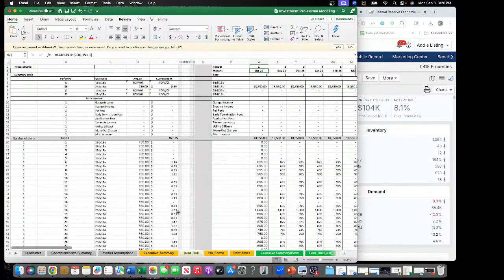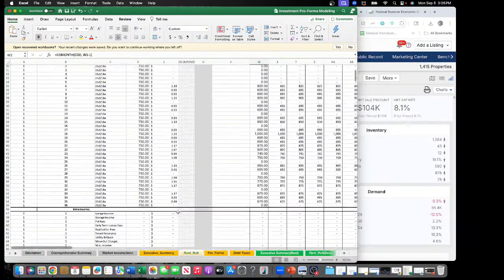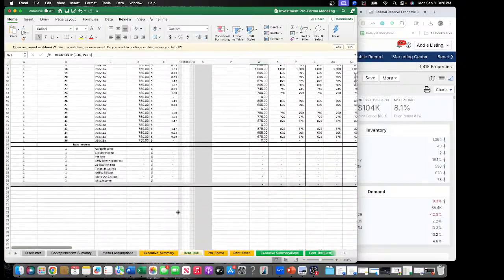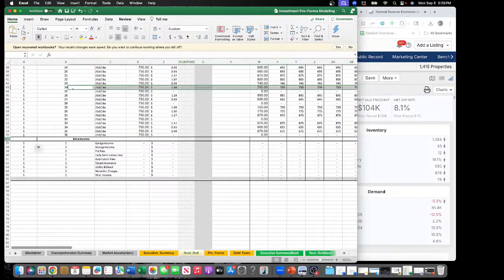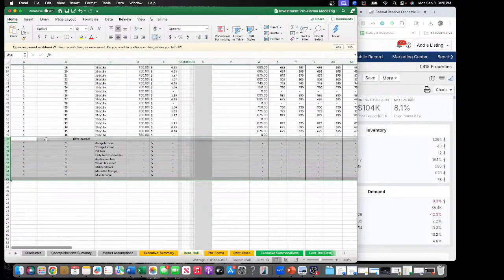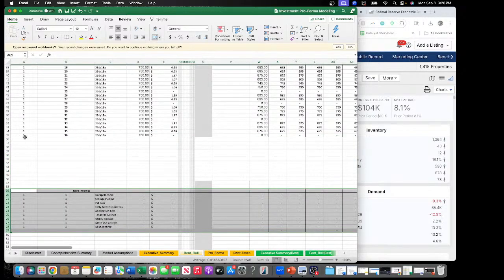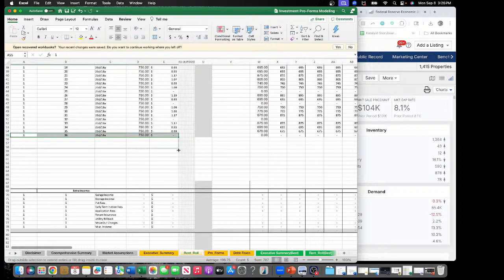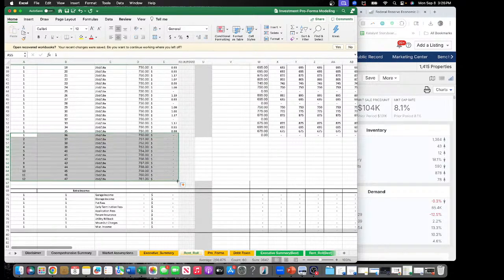You can see here, in this example, we have 36 units. So I'm actually going to take this and extend it out another 13 or so so we can get a good synopsis. We're going to drag it down, and lo and behold, I did it perfectly. 49 units, which is what this property is.